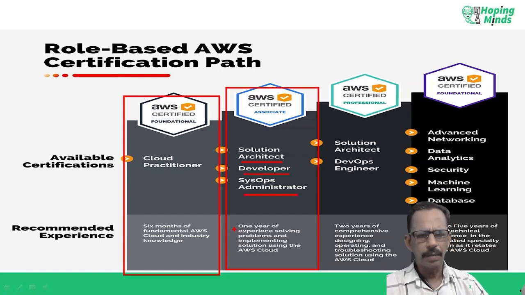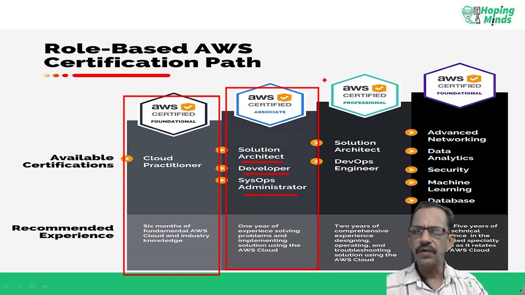They say 1 year, but having 3 or 4 years of experience will be good to understand everything well. That means 1 year of experience solving problems and implementing solutions on the AWS cloud. Then go for the certification.